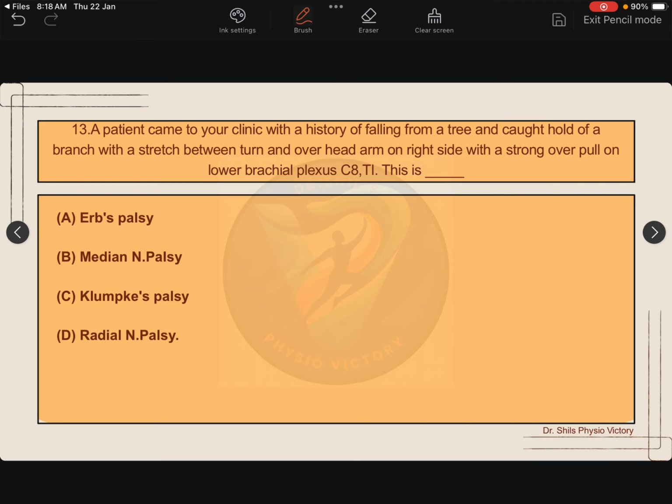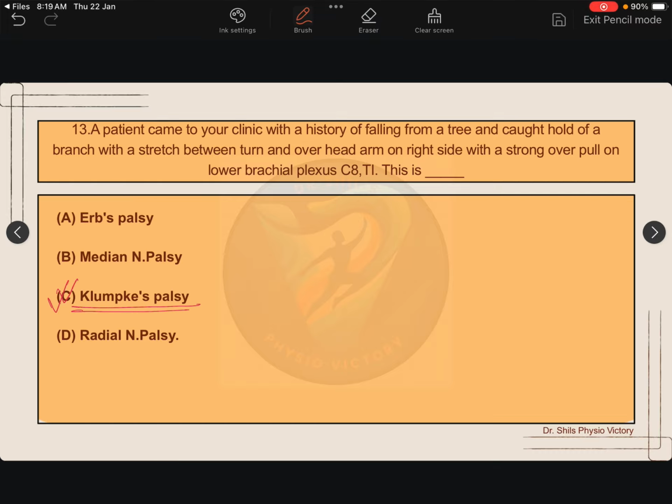This is option A, Erb's palsy, option B, median nerve palsy, option C, Klumpke's palsy, and option D, radial nerve palsy. So here, this is an easy question.